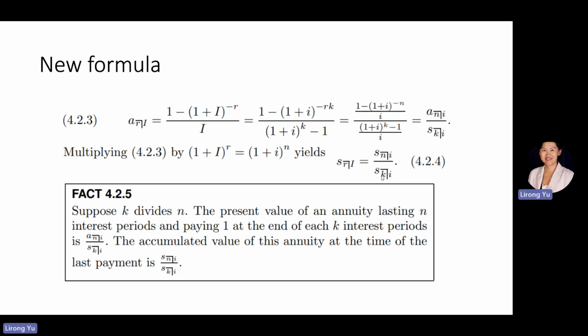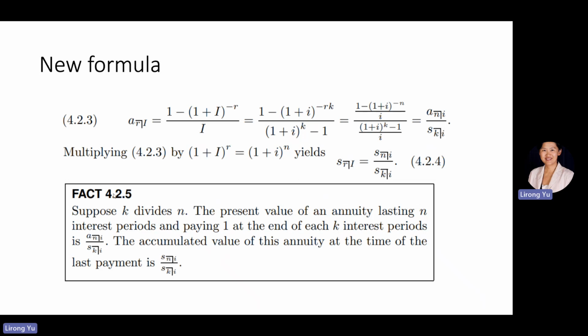N over K is R, and R is the number of payment periods. So you can think of it as N equals R times K, so R equals N over K. So in this calculation of the annuity, it involves some analysis of the relation between N, R, and K. And that's how I try to connect the formulas together.